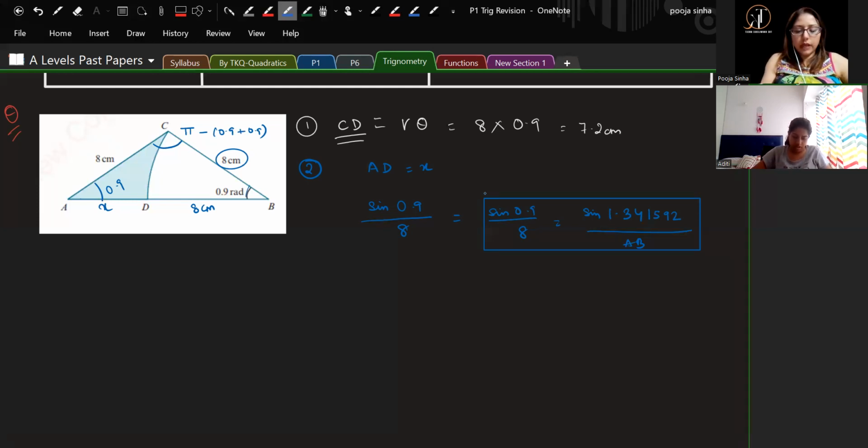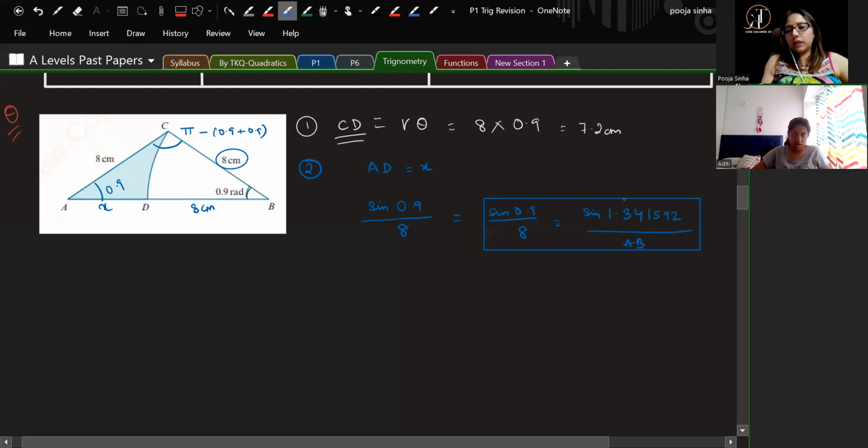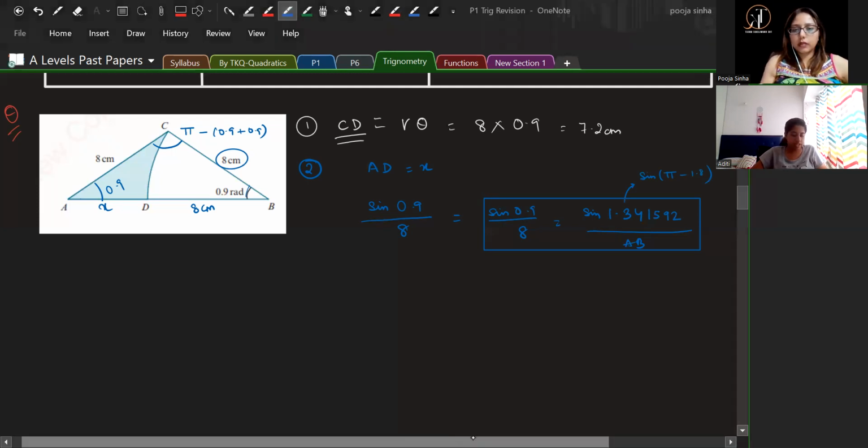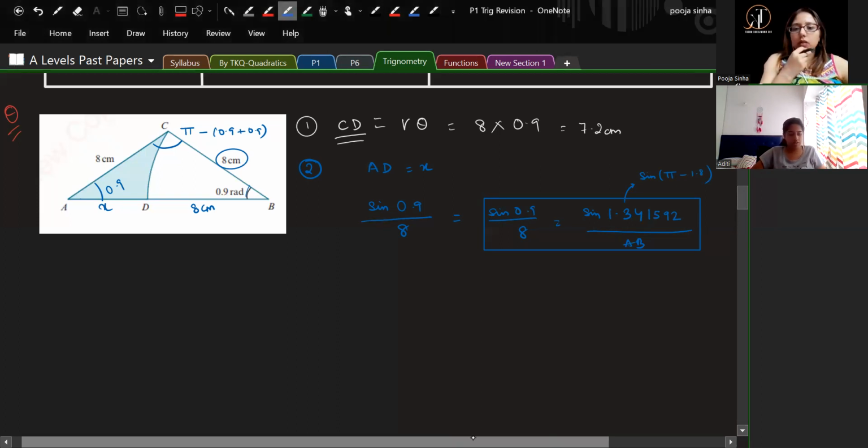And since you're using your calculator, if you write sine of pi minus 1.8 in place of this, then also it is fine. The calculator will do the rest of the calculation for you. So AB is equal to, with a round off, 11.9. You could take that.